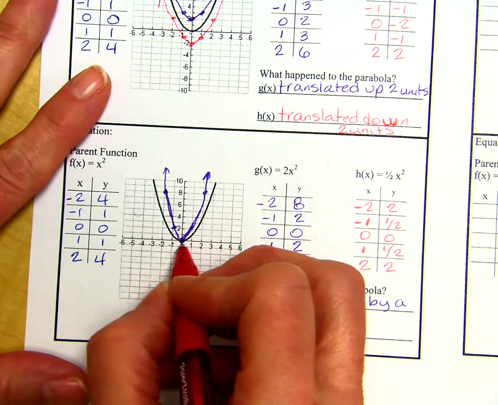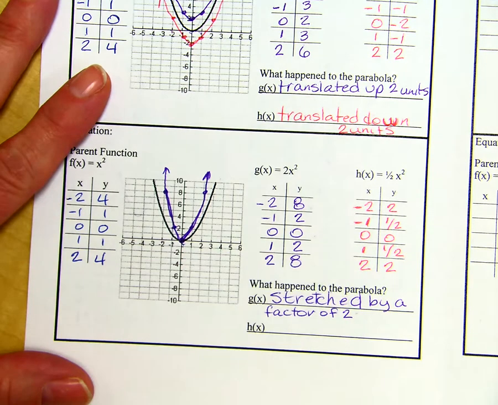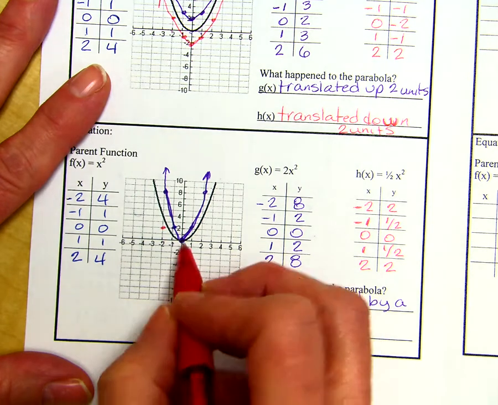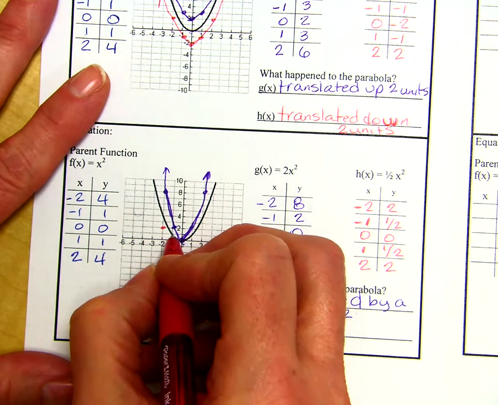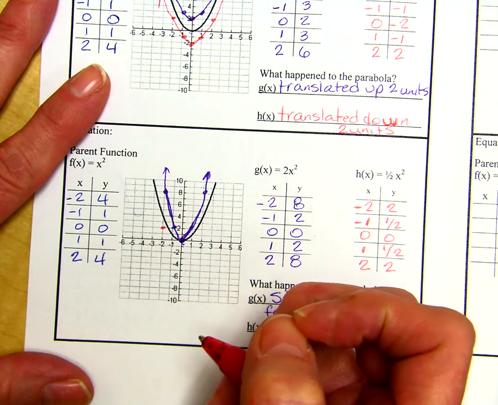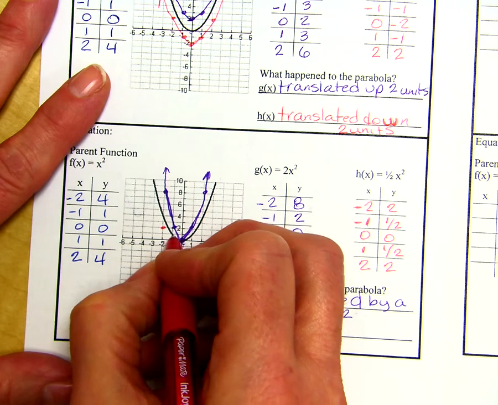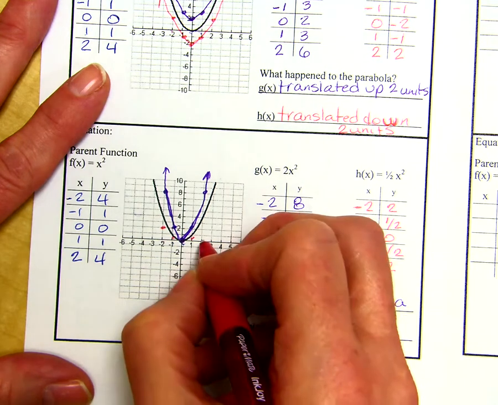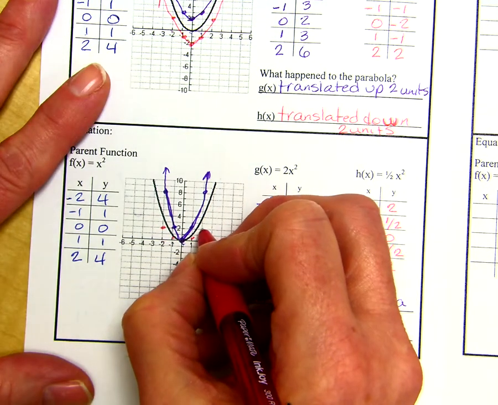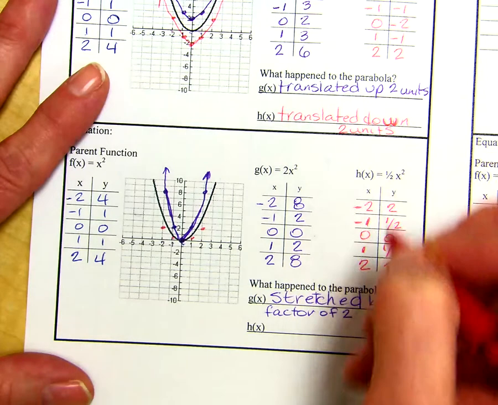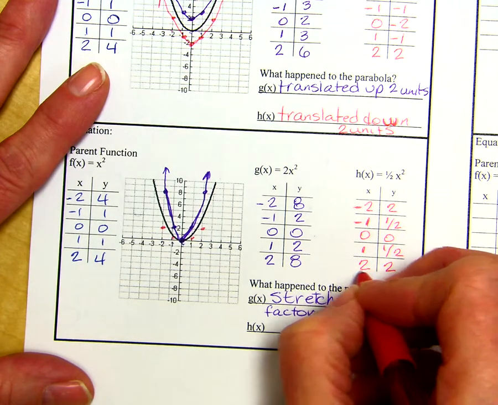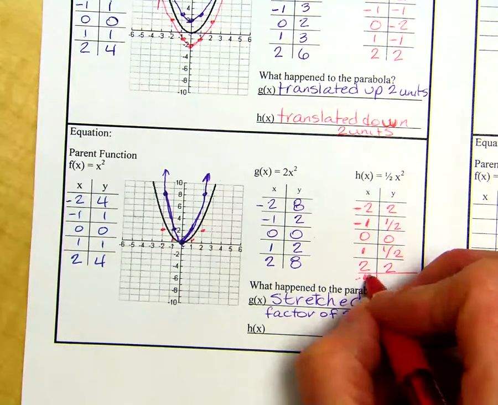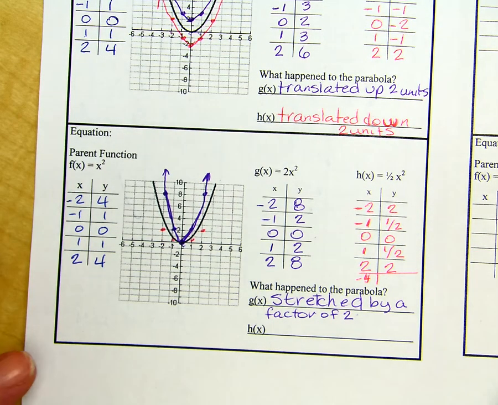So to plot these, if I go over negative 2, I'm going to go up to positive 2. If I go over negative 1, I'm going to go up 1/2, and that's going to be a little tough to get up in there. 1 gives me 1/2, and 2 gives me 2. If we want, we can go ahead and extend this table, and we can do negative 4.